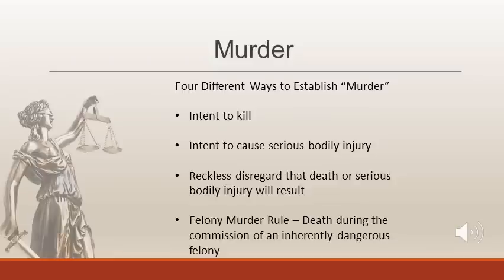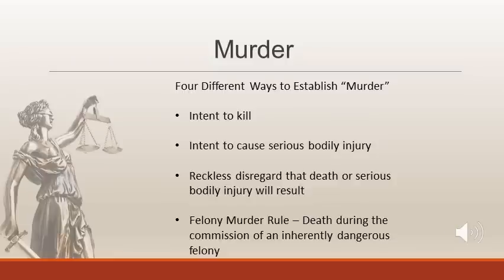If, for example, someone sets a fire to a building that they think is empty, and unbeknownst to them, there were a couple of homeless people squatting in there to keep warm, and they set the fire to the building and those homeless people die as a result, that is during the commission of a crime.